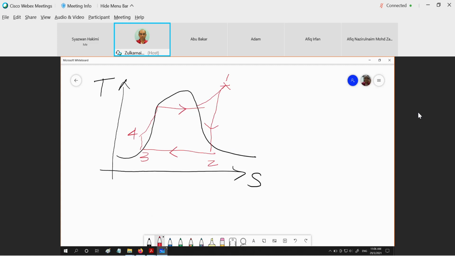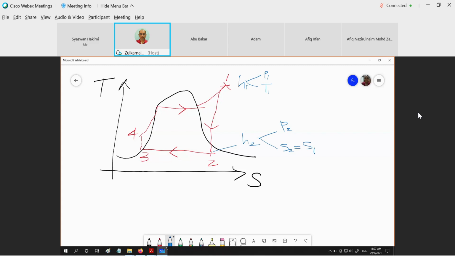Of course, before we answer the question, we should get all the enthalpies. In order to get H1, we usually use P1 and T1. How to get H2? We are going to use P2 and also S2, whereby S2 is equal to S1.